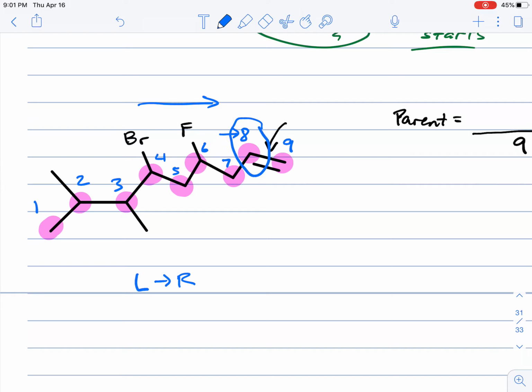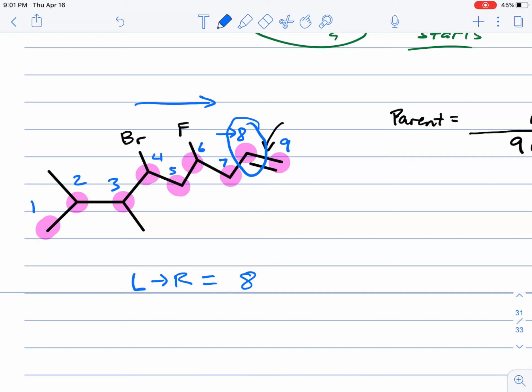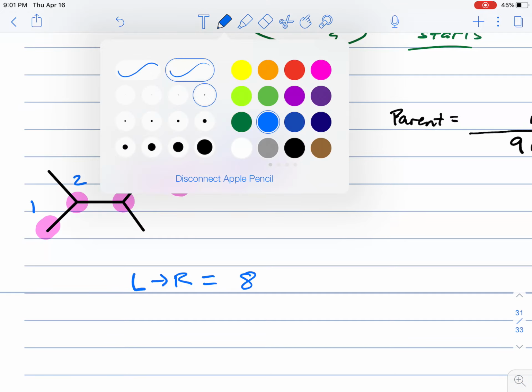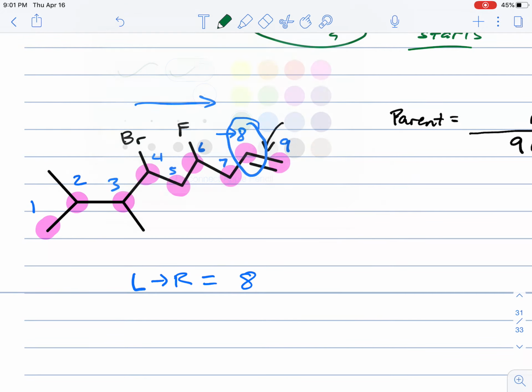And 8 is where I'm going to start seeing my double bond. Okay. So I'm not adding up any numbers. I'm just giving double bonds the priority. Okay. And if I go from left to right, the carbon that I first see the double bond is on carbon 8.